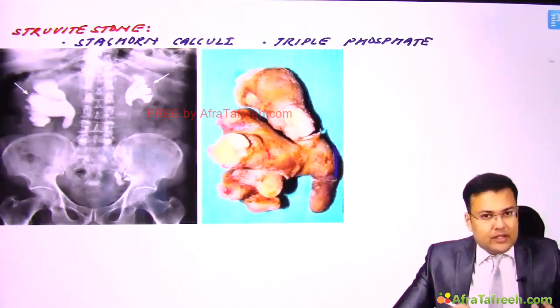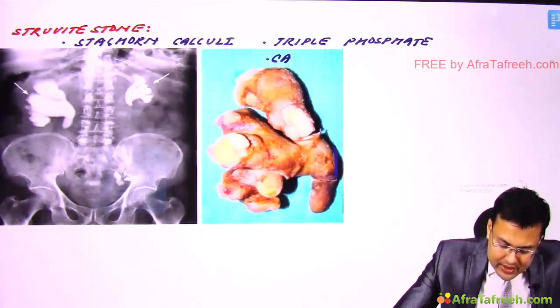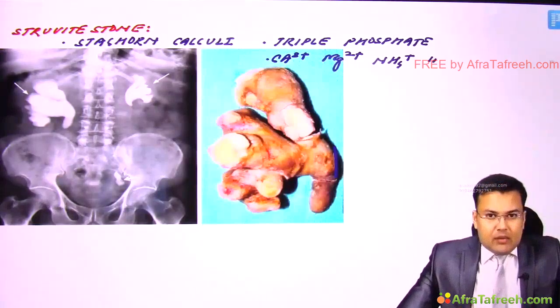And what is the composition of triple phosphate? The composition is calcium, magnesium, ammonium phosphate. Calcium, magnesium, ammonium phosphate.